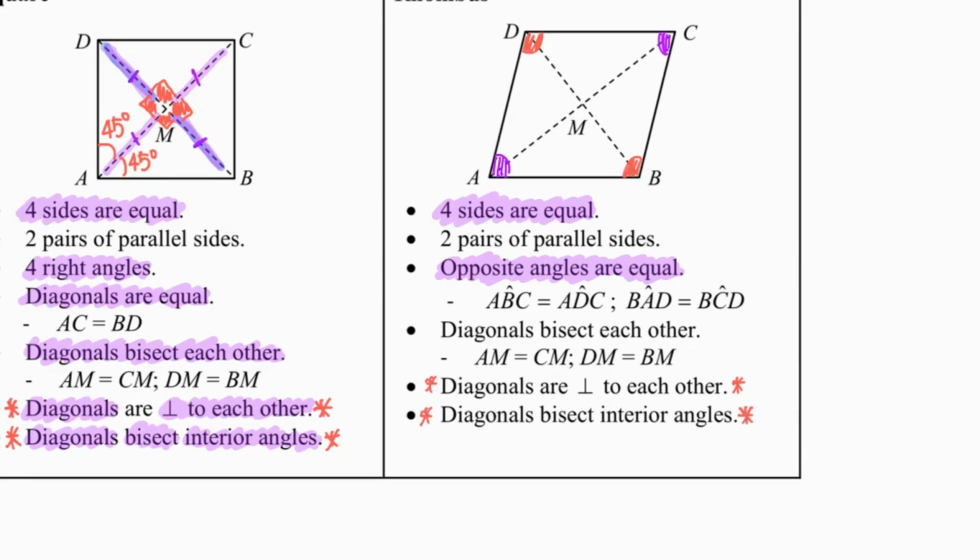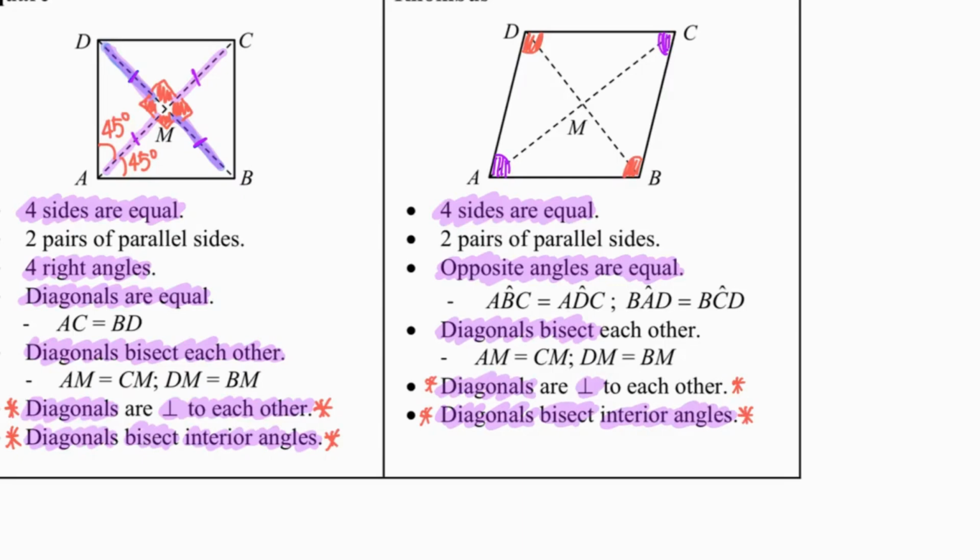Okay, so the diagonals bisect each other again, and the diagonals are perpendicular to each other, and the diagonals bisect the interior angles. But just that now, the interior angles are no longer 45 degrees.